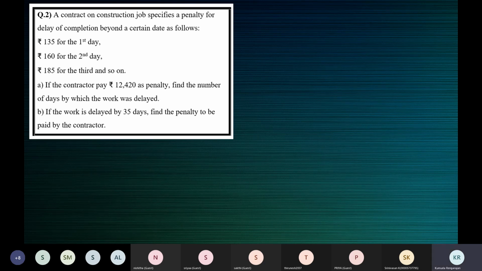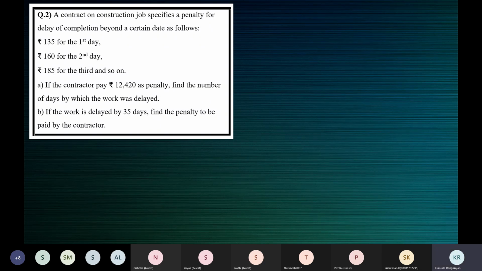If the contractor who has taken up this construction job is unable to complete the construction on time, then he has to pay some penalty for the delay in completion of work. So that penalty is agreed as follows.